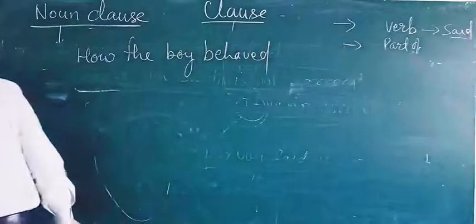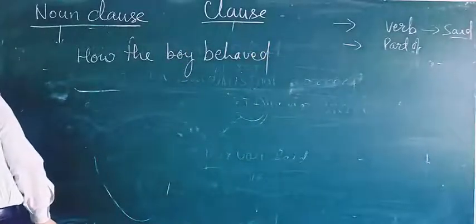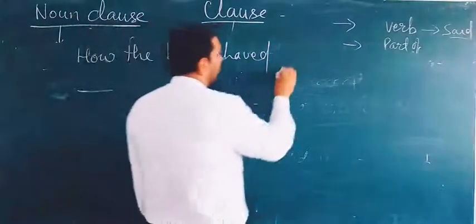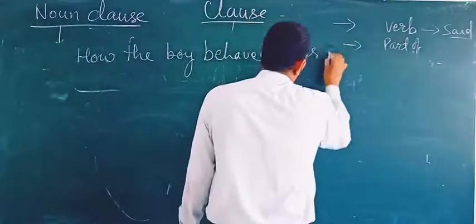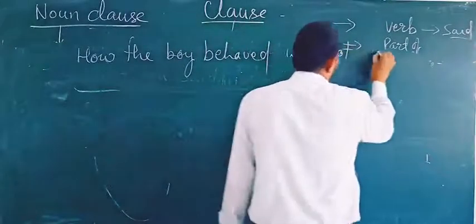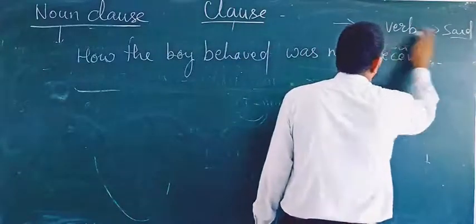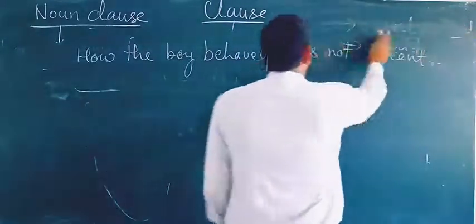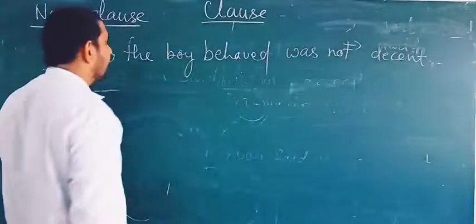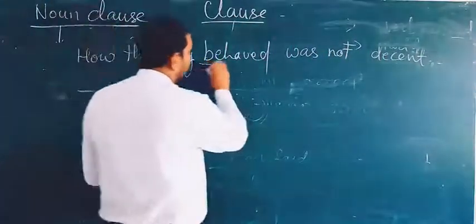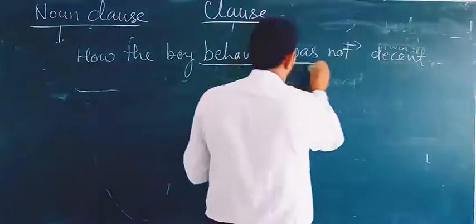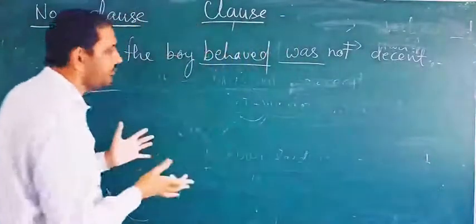How the boy behaved was not decent. Just see this sentence. The sentence has two verbs. Number one is behaved, second one is was. It means two finite verbs.